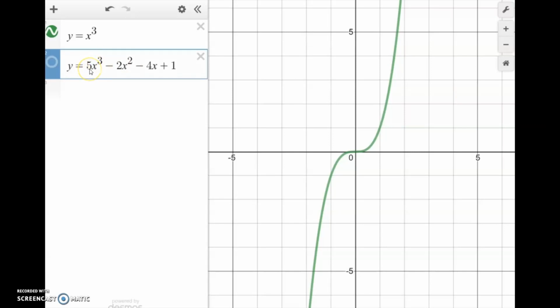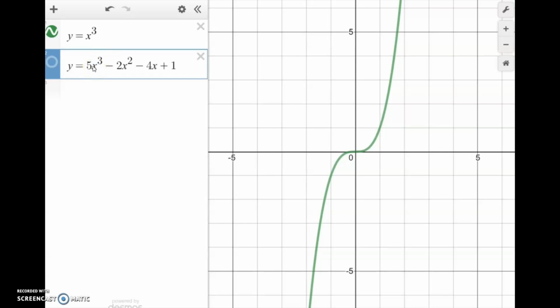This could be 5, it could be 7.3, it could be anything, but a polynomial is just this string of terms that you're adding or subtracting together, and the important thing of the term is it has a coefficient, and then it has your variable to some integral power, so some integer power. And the highest power on your polynomial is called the degree of the polynomial.